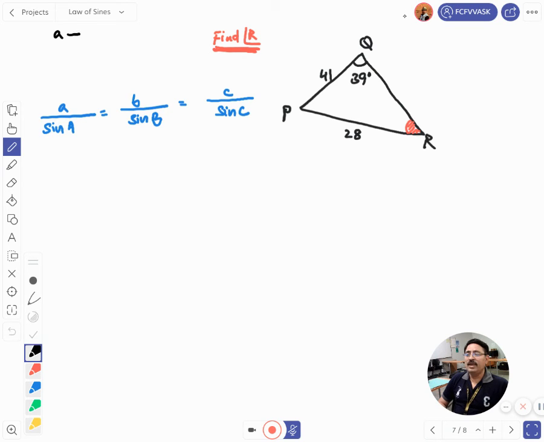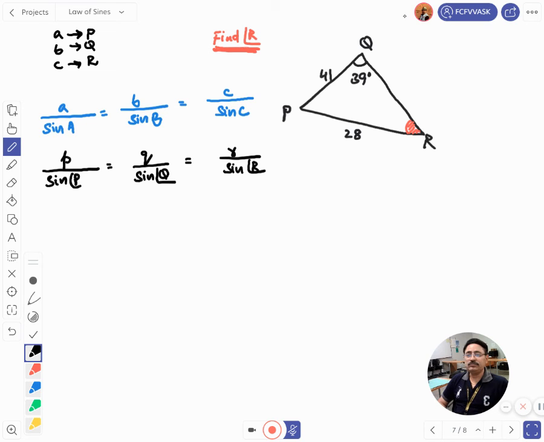Therefore, wherever A comes, take P. Wherever B comes, you take Q. And wherever C comes, you take R. So in the place of A, let me take p over sine P, then q over sine Q, next r over sine R.